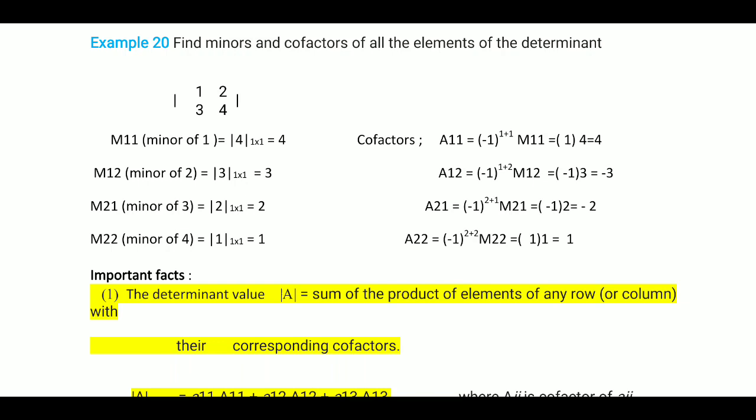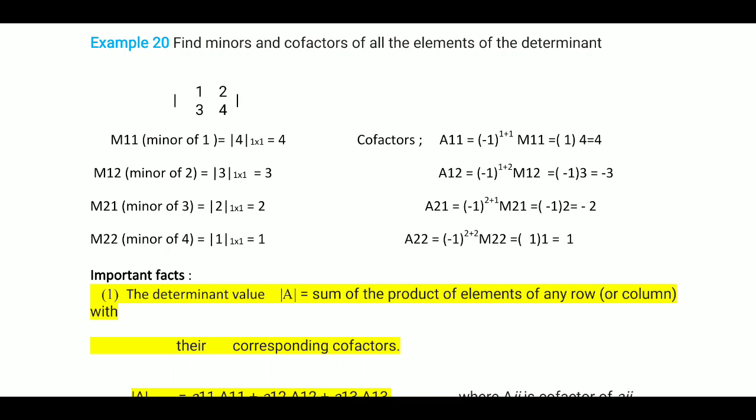Now you have to find the cofactors. Cofactors are denoted by capital Aij, as capital A11, and by the definition, the cofactor of an element is equal to minus 1 power i plus j into the minor Mij. Suppose we have to find the cofactor of the first row and first column element, that is capital A11.